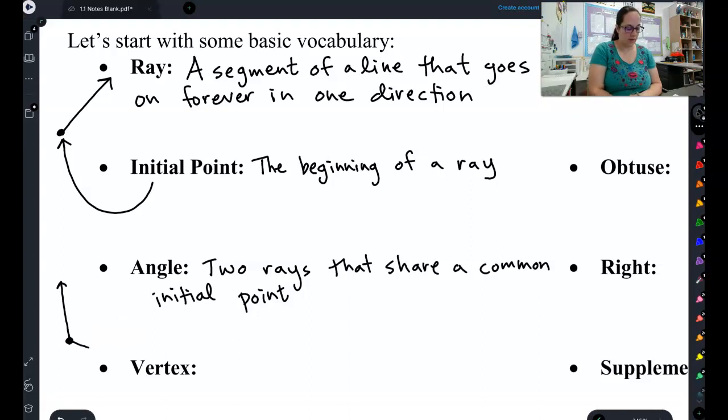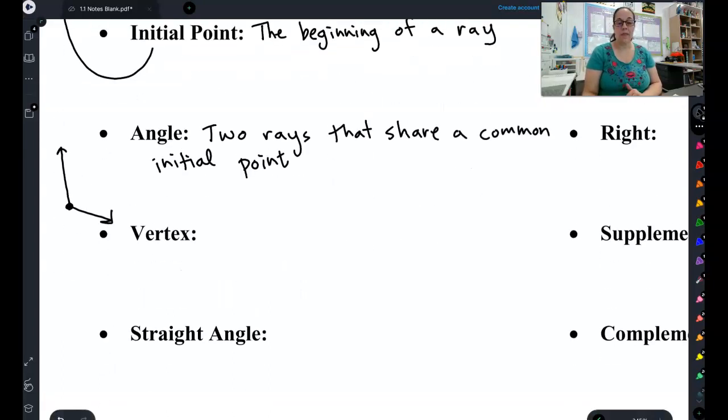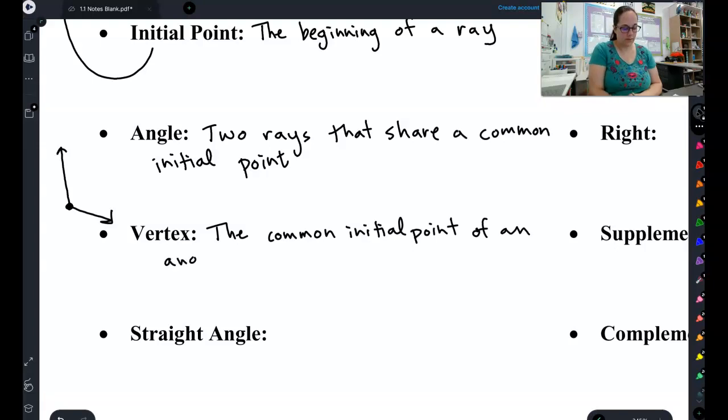I'm going to make mine go like that. And that's an angle. Two rays that share a common initial point. The vertex of that angle is the common initial point that they share. So that right there, that's what we call the vertex of the angle.